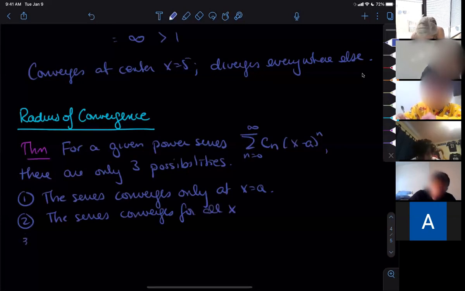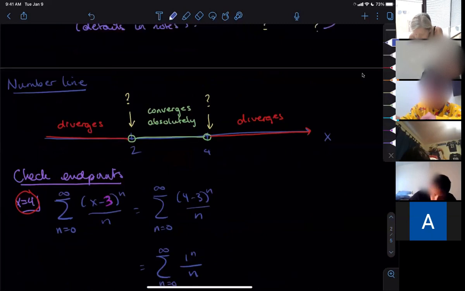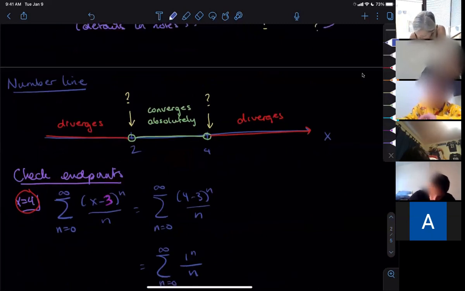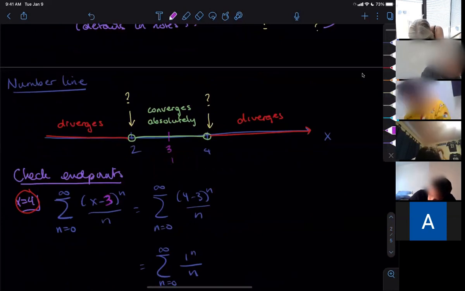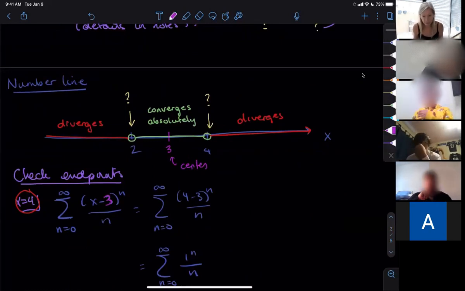Or somewhere in the middle. Here's the middle situation. And I like this picture right here because see right here, this is the thing that we were calling the center. And it's at the center of the interval where it converges. So that's the reason for the choice of word center that we've been using.